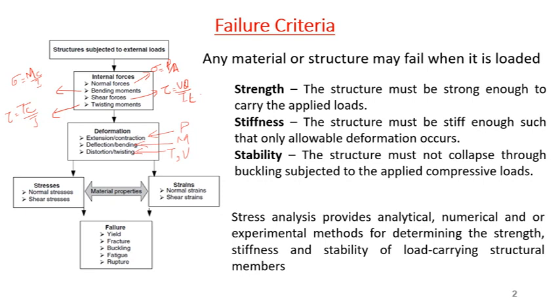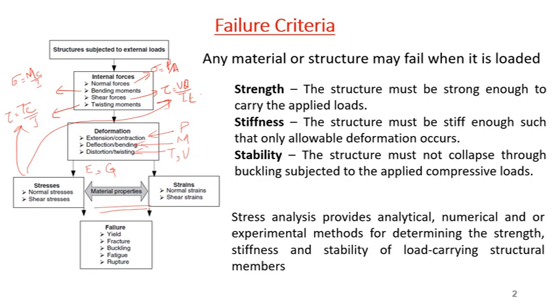With those internal forces, we can find the stresses using these relationships. And with the material properties, Young's modulus or modulus of rigidity, we can find the relationship between stress and strain, provided there's a linear relationship and we are within the proportional, elastic limit.